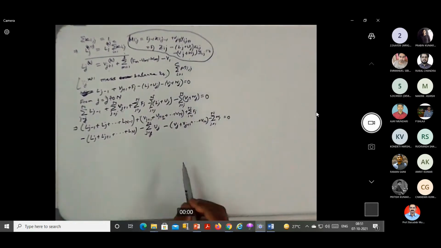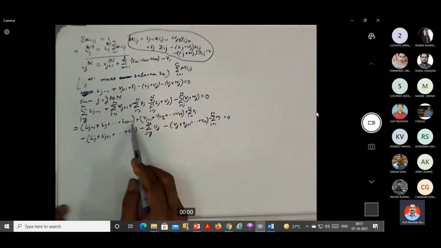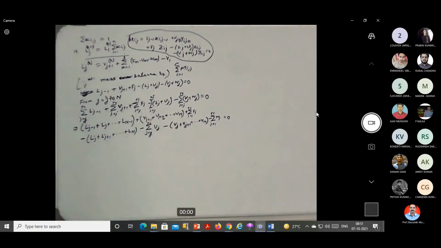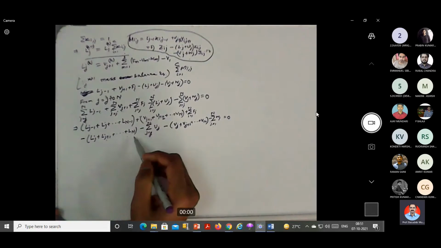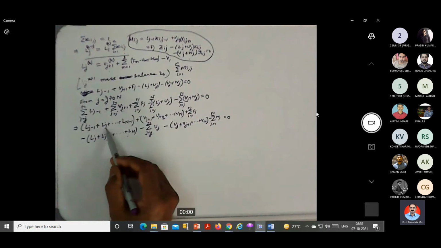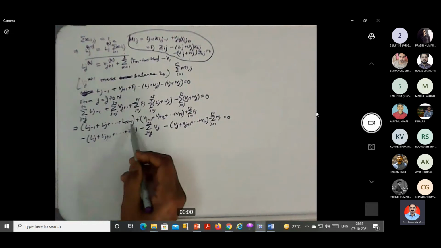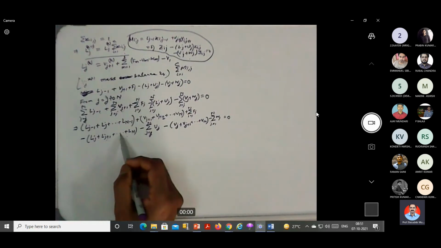Okay. Now here we have the sum of liquid flow terms. Here also we have. So take the sum of these two. When you take the sum of these two, what are the terms left? Lj is there, Ln minus 1, before it also you have Ln minus 1. So Lj to Ln minus 1 got cancelled.